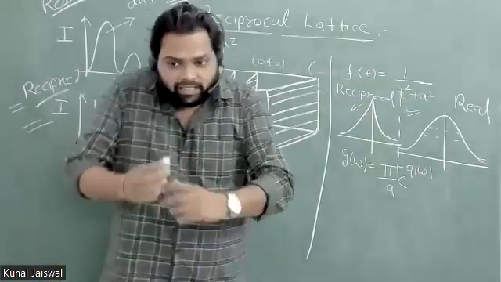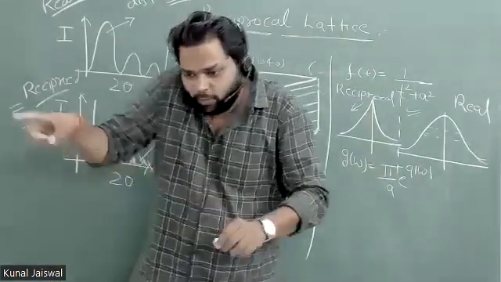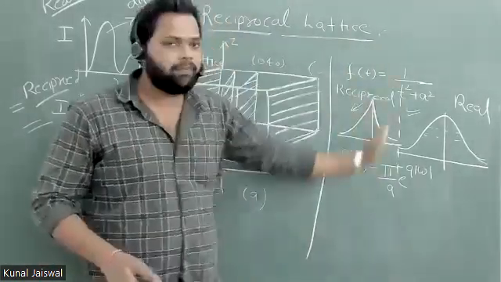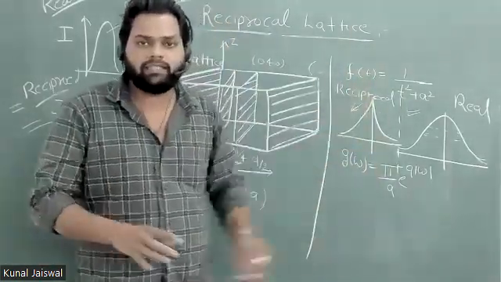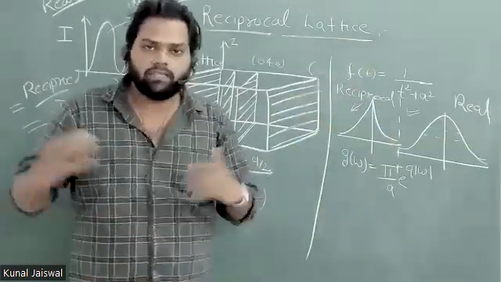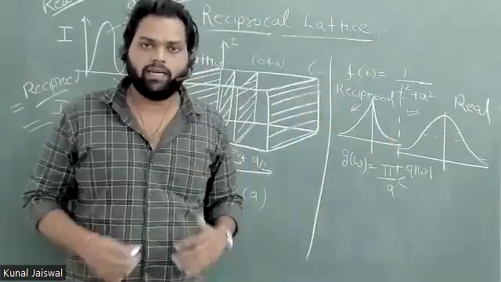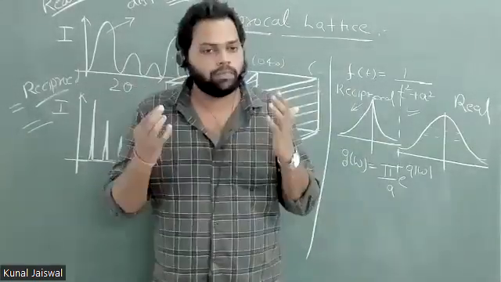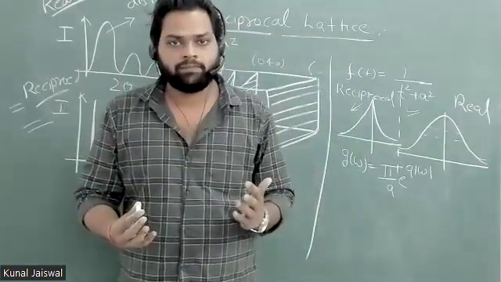It's not like if you see the crystal, you can say this is a reciprocal lattice and this is a real lattice. No. This is a completely mathematical concept, a concept made by ourselves, so that we can visualize or analyze things properly. Clear?